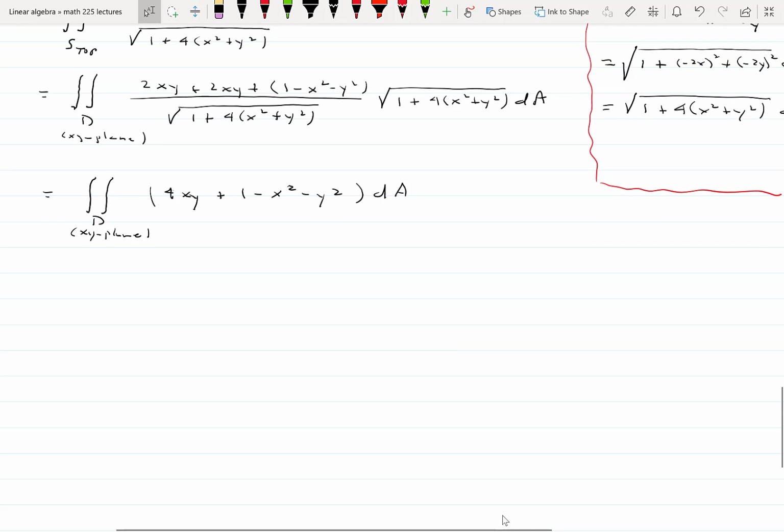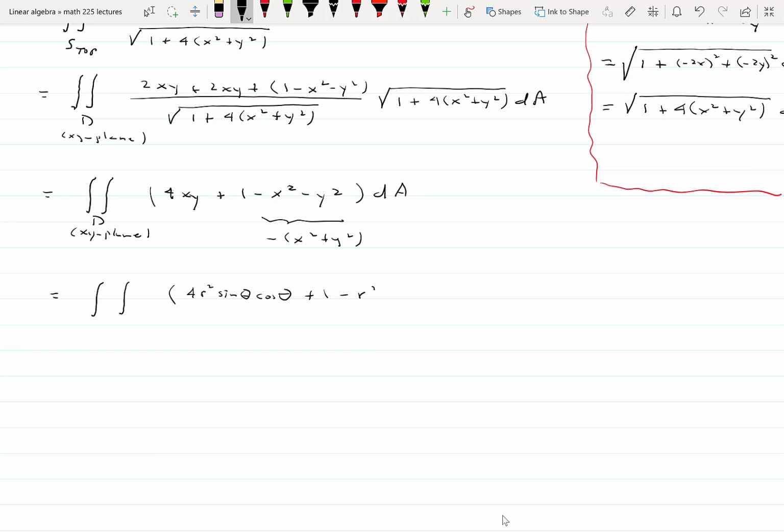So let's evaluate this as an iterated integral, and let's go directly to polar. x equals r cosine theta and y equals r sine theta. So 4xy is 4r squared sine theta cosine theta, plus 1, minus x squared plus y squared, which is minus r squared. And dA, of course, is r dr d theta.